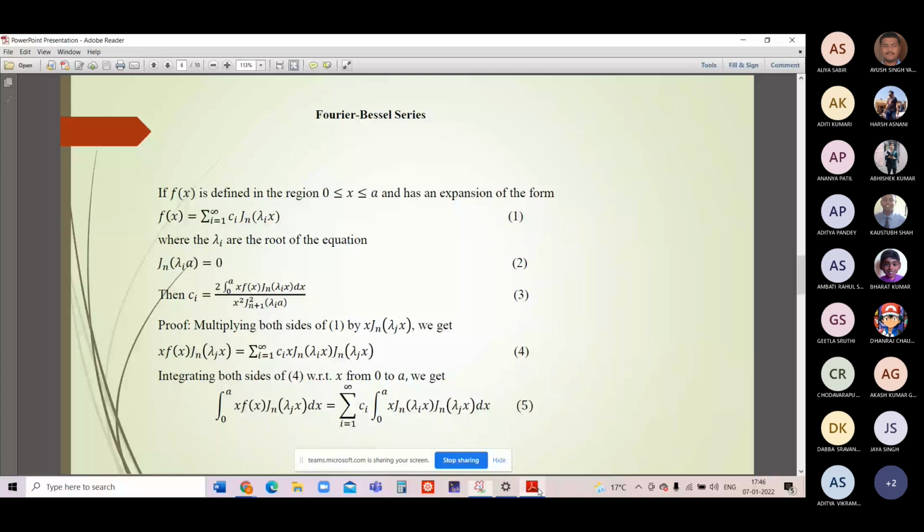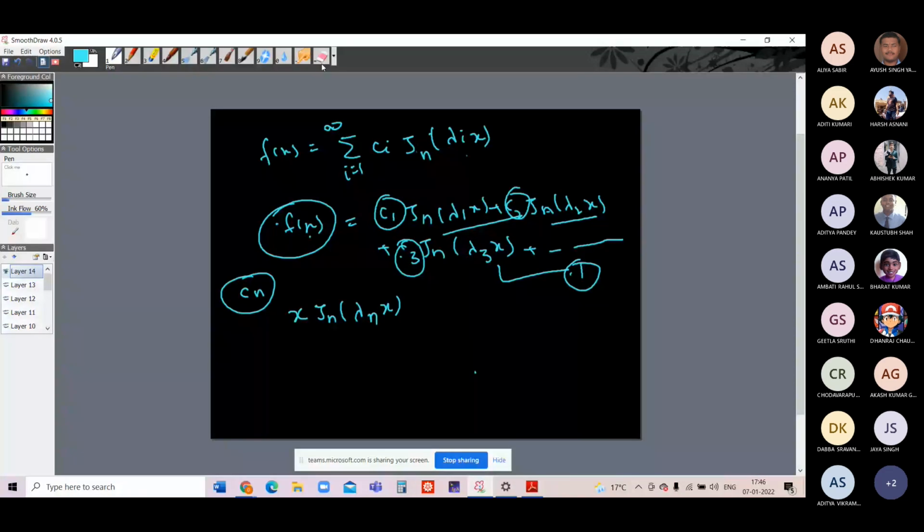In general we will write lambda_n. Okay, we multiply both sides and integrate from 0 to a with respect to x.